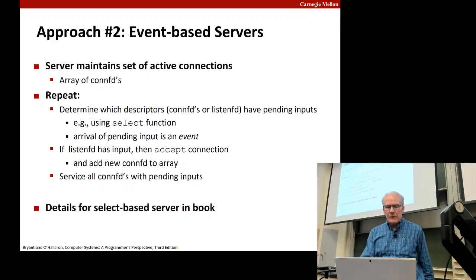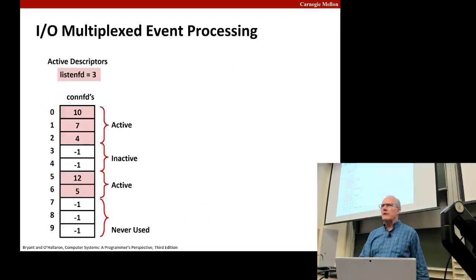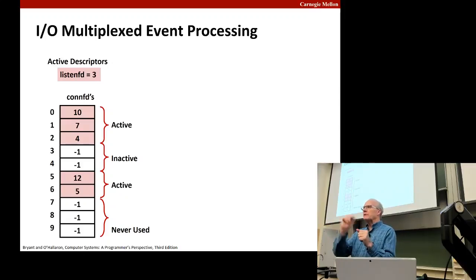The idea is that this isn't actually concurrent programming at all. The problem is if I were to try to do this all on my own using file descriptors, every time I got a connection request, I could accept it, create a new connection file descriptor, and put it in an array, having as many connection file descriptors as I had clients. That's fine.